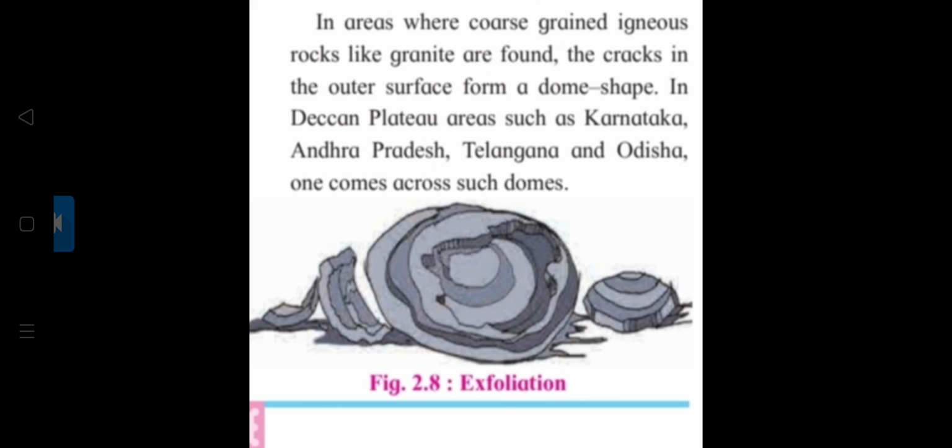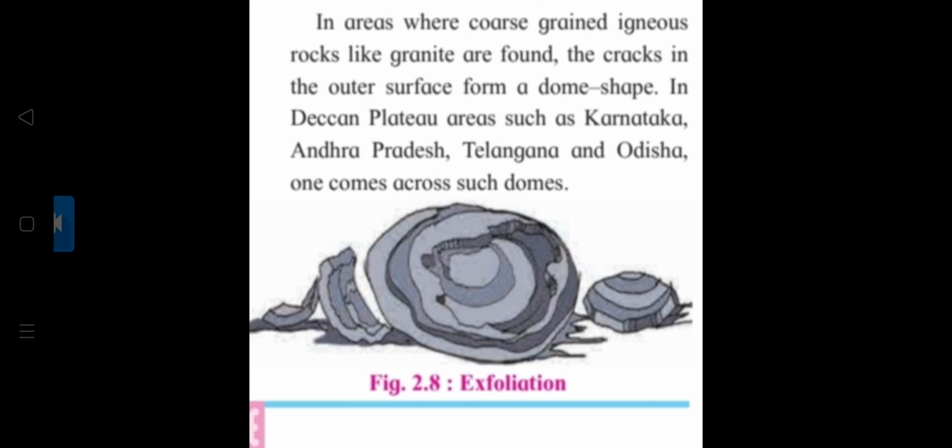It is particularly effective in areas where there is a diurnal range of temperature. Again, diurnal change of temperature means the difference between minimum and maximum temperatures, or the day and night difference in temperatures. Now, when there is repeated expansion and contraction happening in the rock, students, the minerals produce stress along the joints.